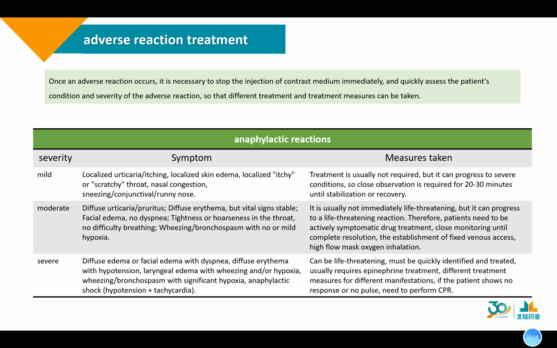The severe anaphylactic adverse reaction can be life-threatening, must be quickly identified and treated, and usually requires epinephrine treatment. Different treatment measures for different manifestations. If the patient shows no response or no pulse, need to perform CPR.